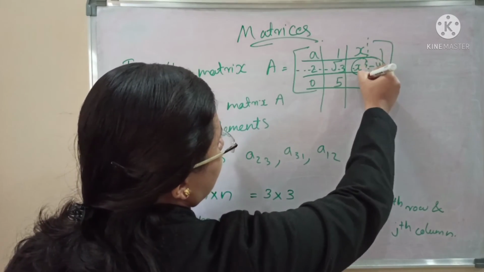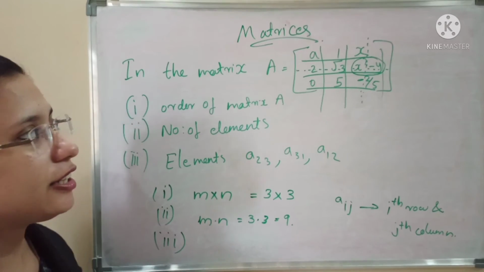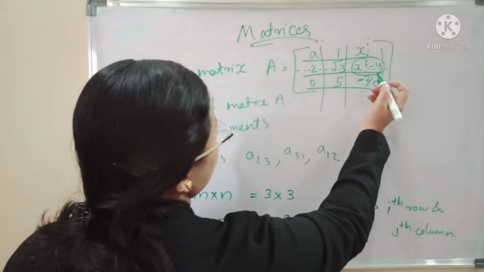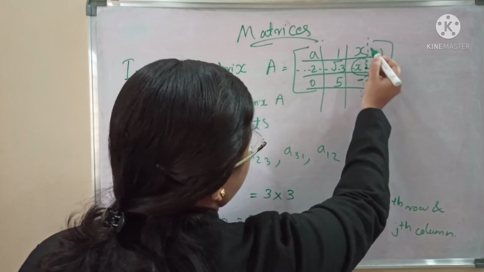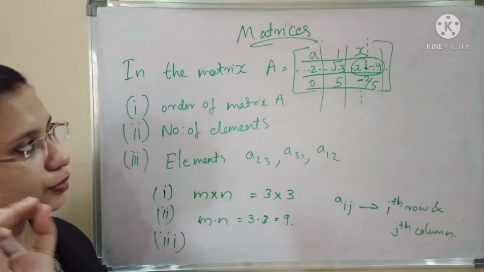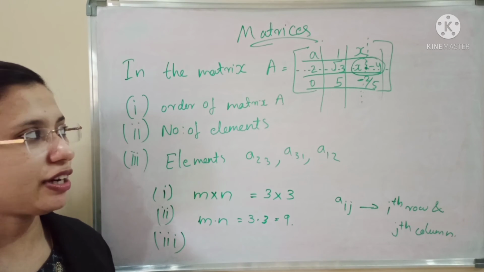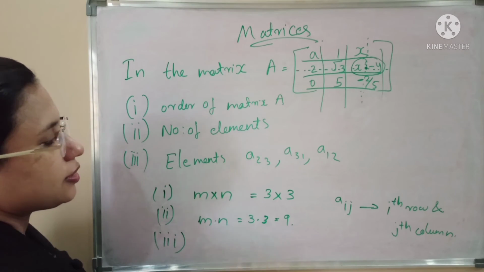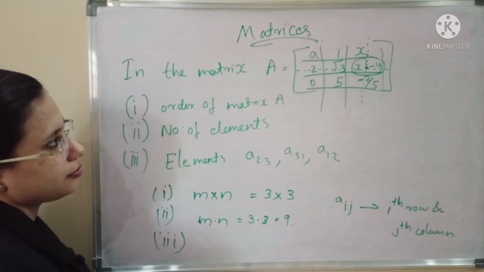Where the two lines intersect, the joining point of the two lines will be the element. For those who have difficulty in finding it, just draw according to these values so that you will get the element.